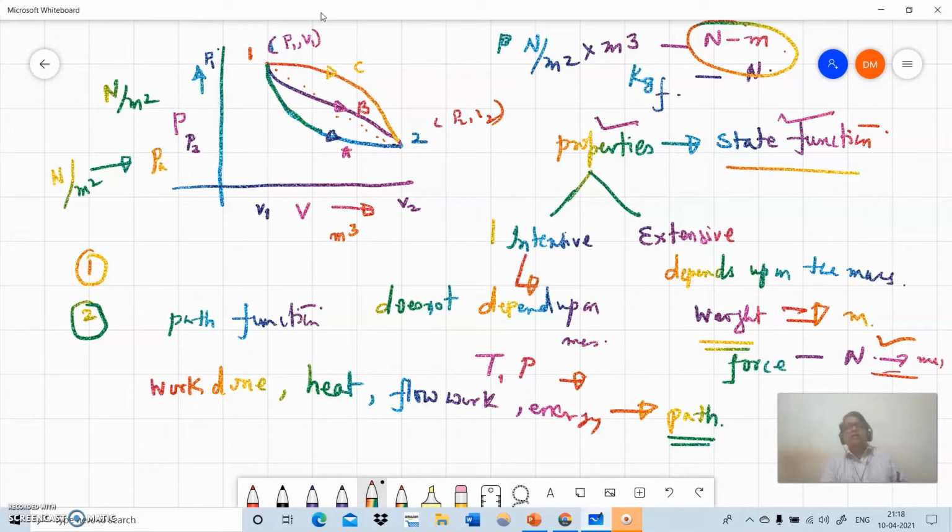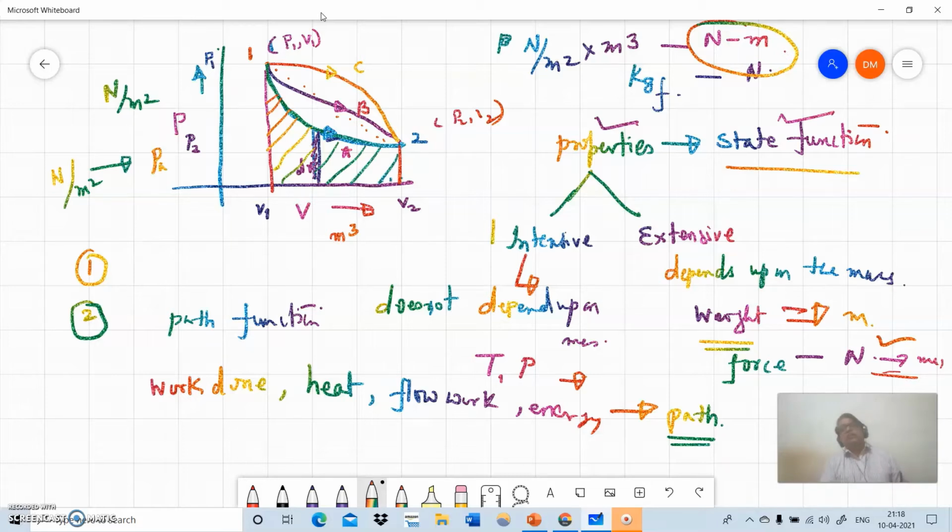If you integrate it by taking a small strip element here, this is dV, from V1 to V2, then I can get the area under the curve, right?